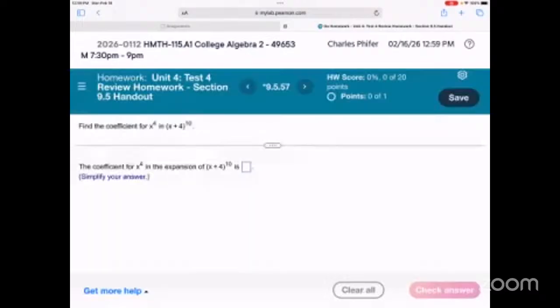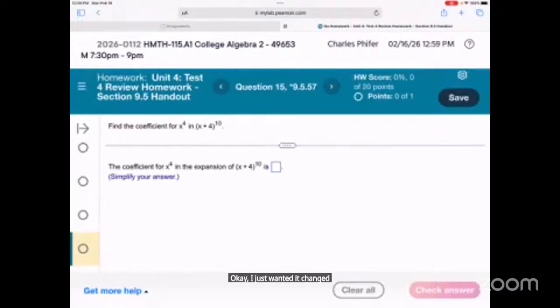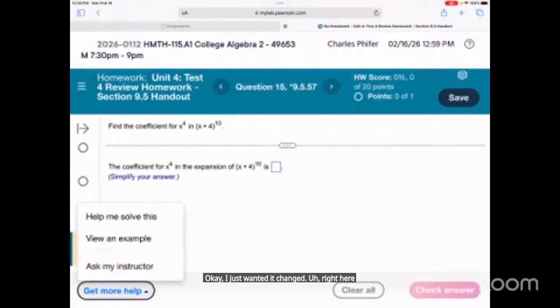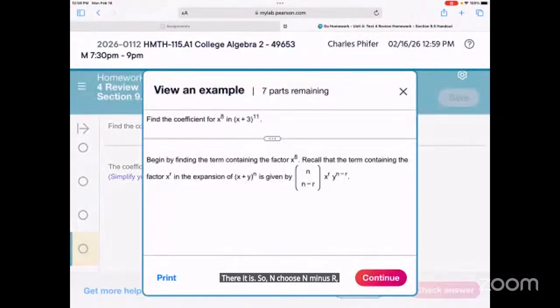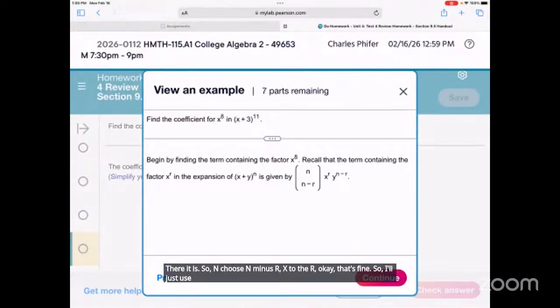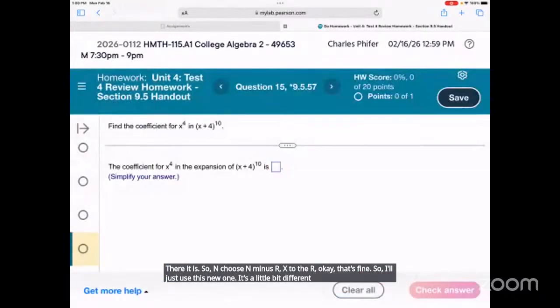Okay, it's fine that it changed. Right here. There it is. So n choose n minus r, x to the r. Okay, that's fine. So I'll just use this new one. It's a little bit different than the one we were working a moment ago, but it's essentially the same thing.